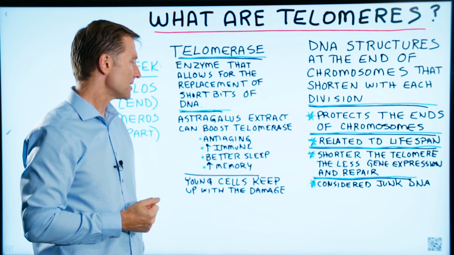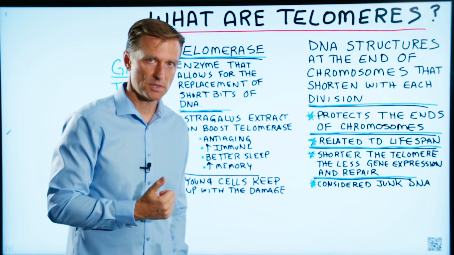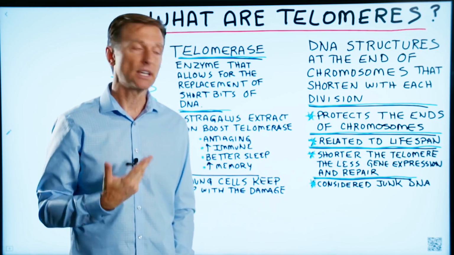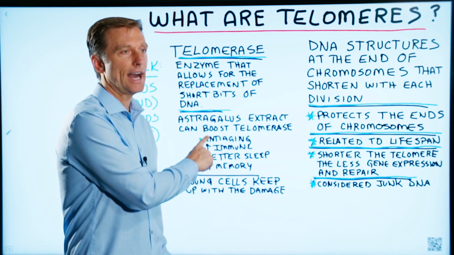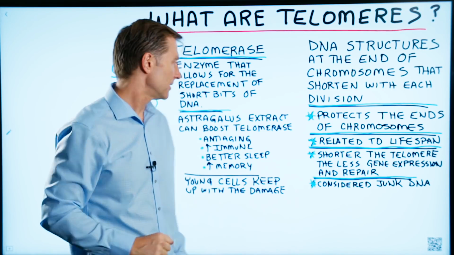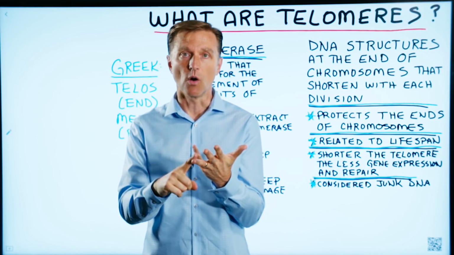And it seems like it has some interesting properties, anti-aging properties, increasing your immune system, decreasing your frequency of getting sick, improving your sleep, increasing your memory. So the studies right now are inconclusive. So if you go out and get this product, I have no idea if it's going to extend your life even by 1 day.